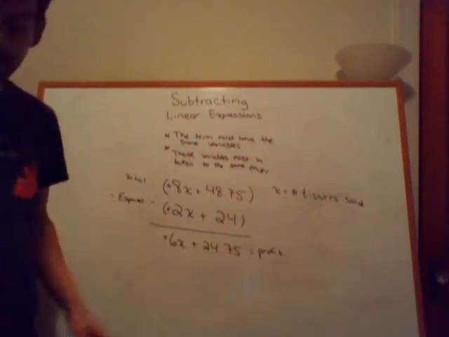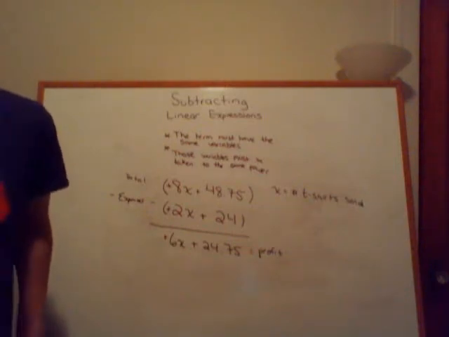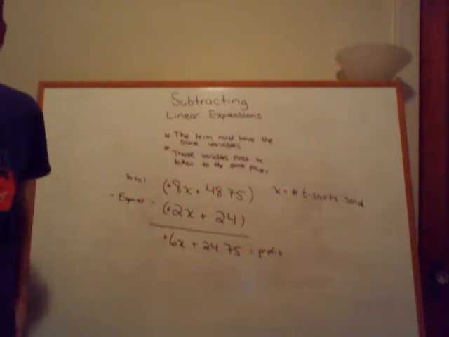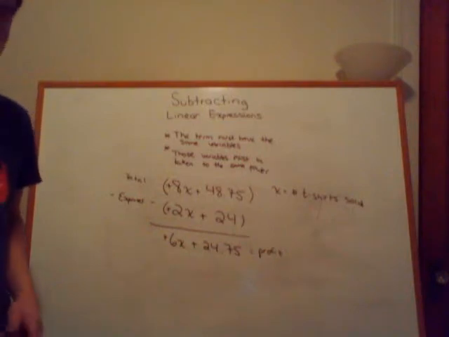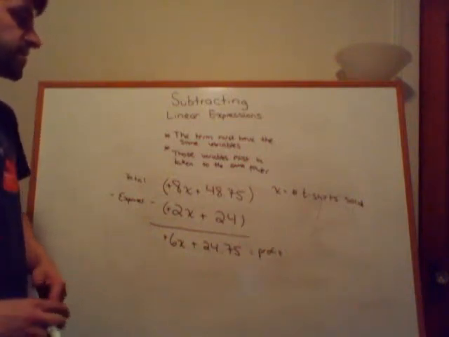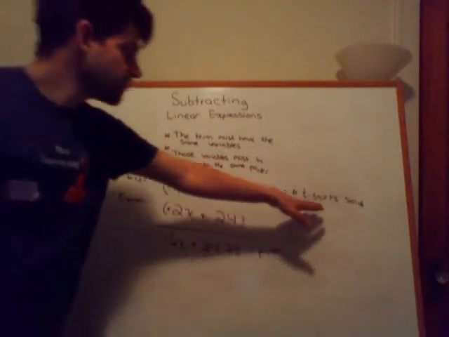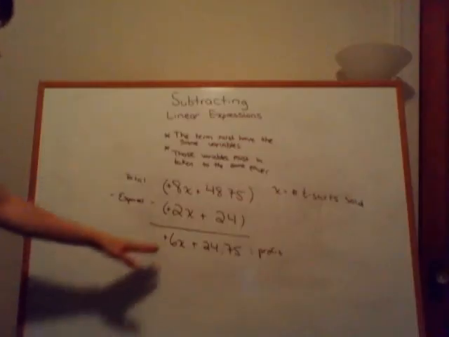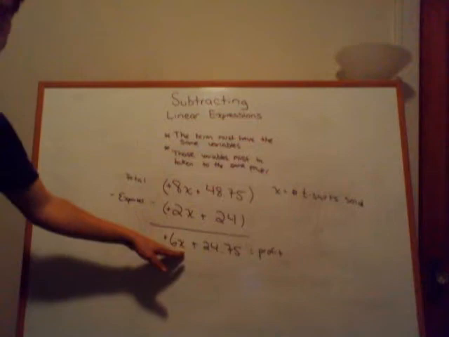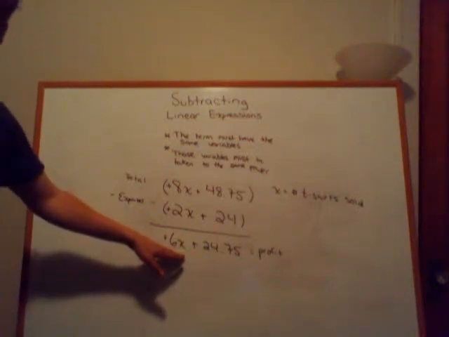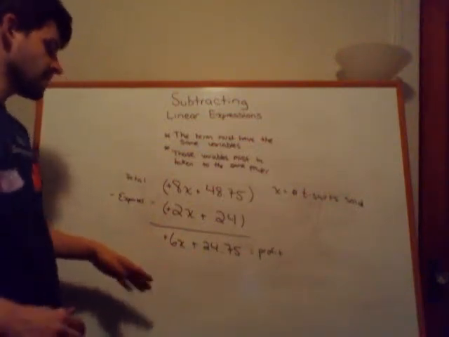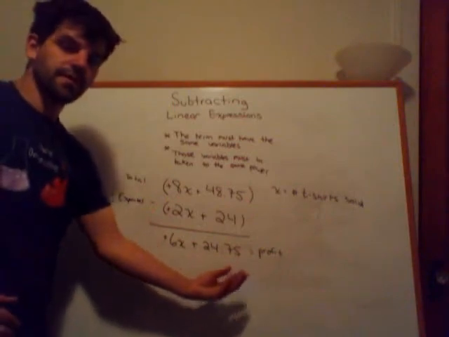That being said, question B says, if the soccer team sold 54 t-shirts, what was their profit? Well, we've already determined that our x variable in this question is the number of t-shirts sold. So if we plug in a value for x, in this case 54 t-shirts, that will give us a profit value.